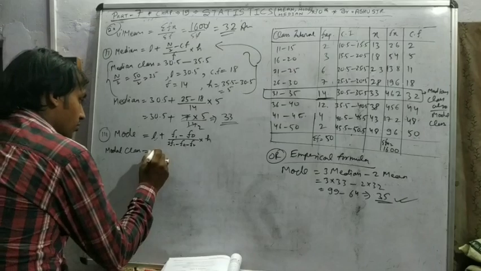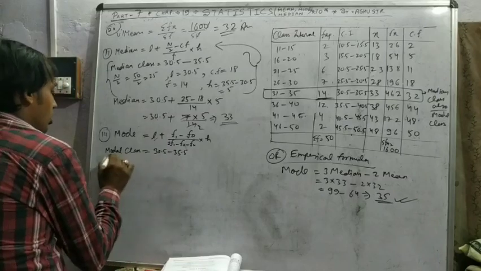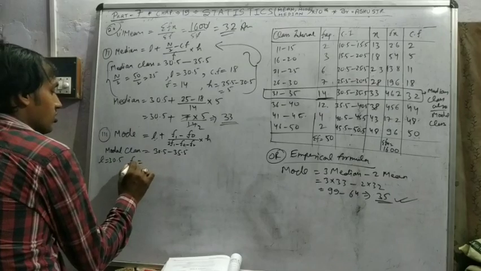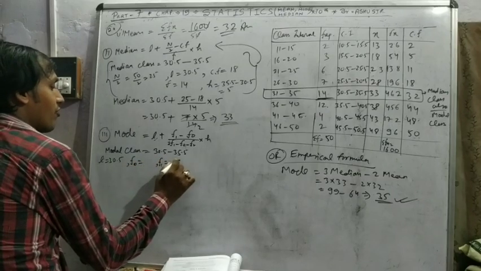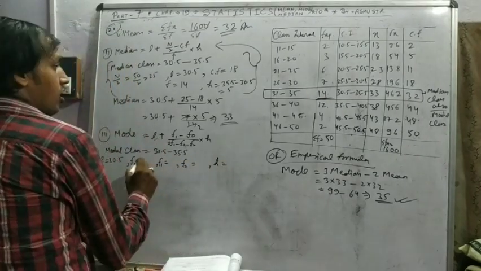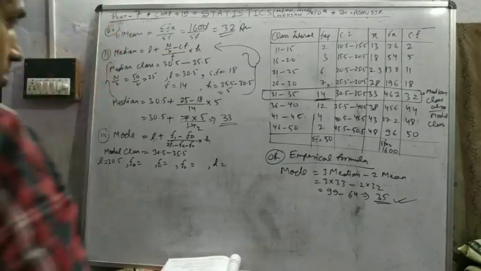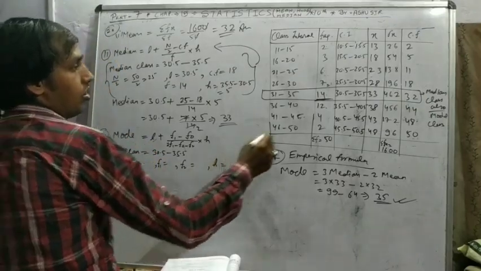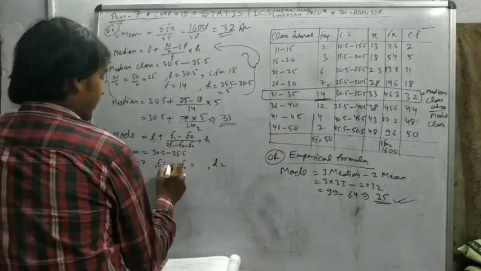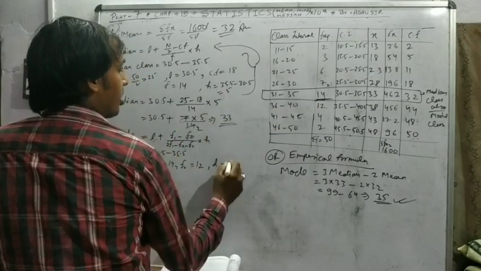So 30.5 to 35.5 is the modal class. L is 30.5. f0 is the preceding frequency, 7. f1 is the frequency, 14. f2 is the succeeding frequency, 12. h is the same, 5.